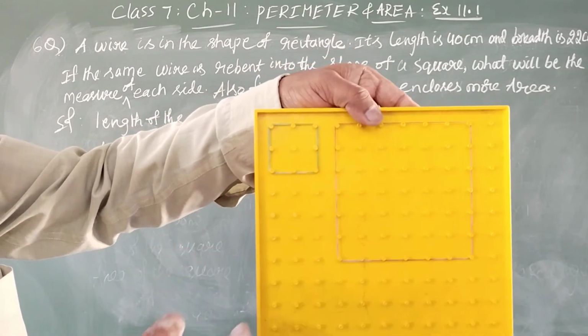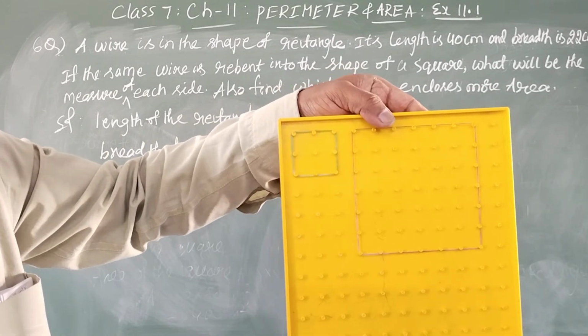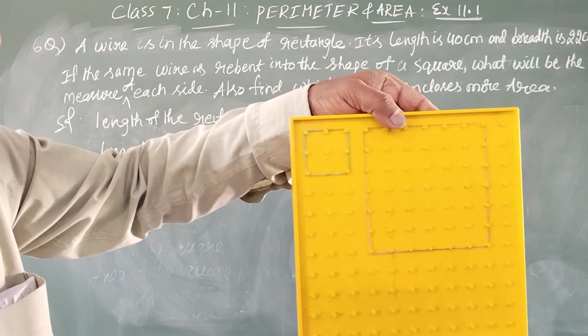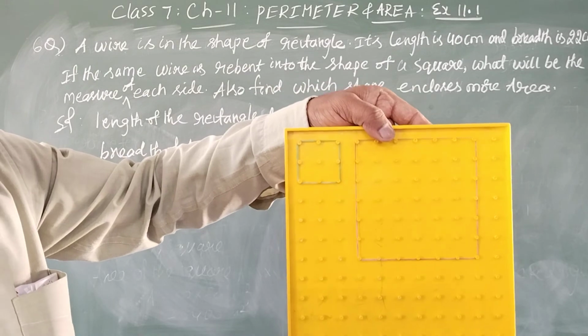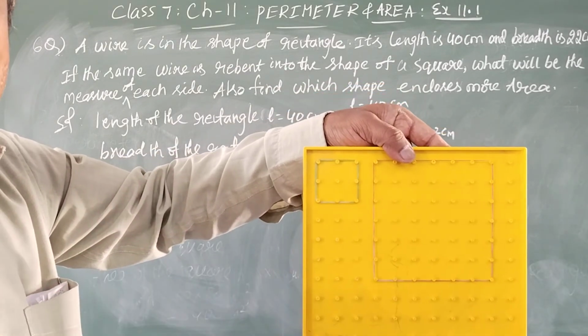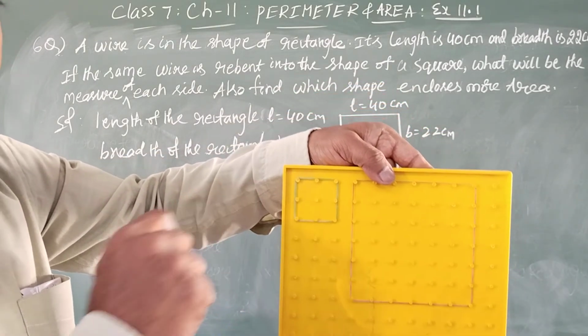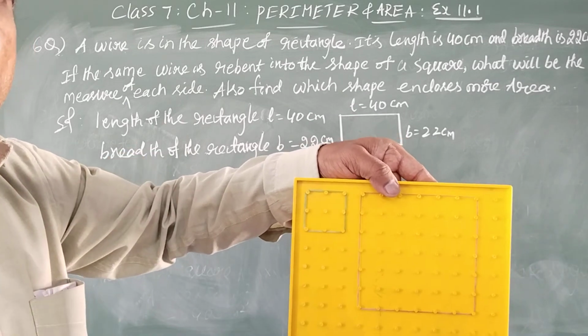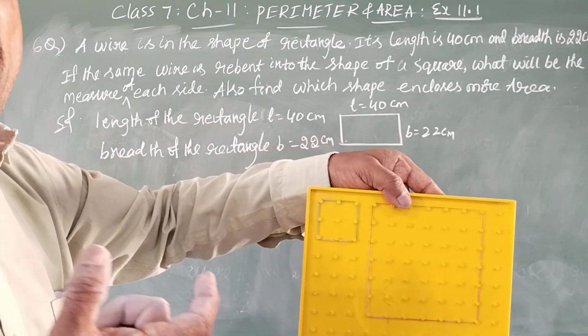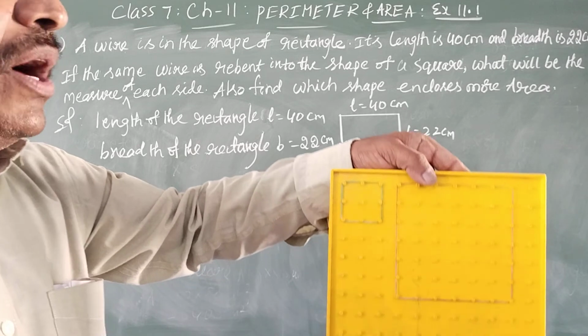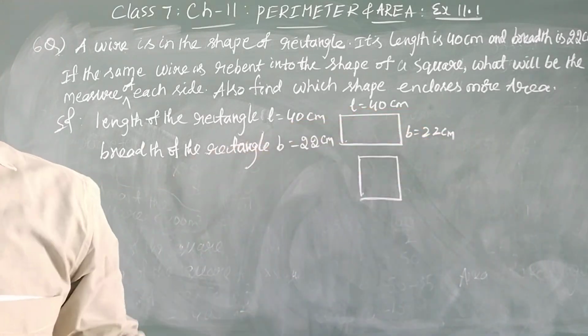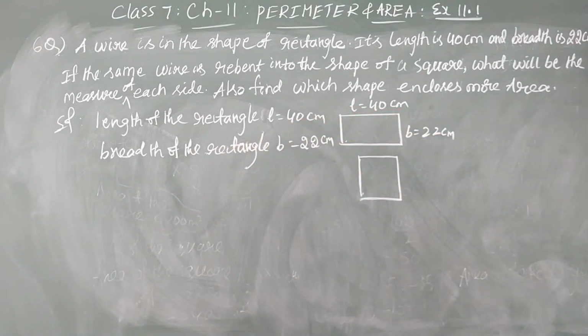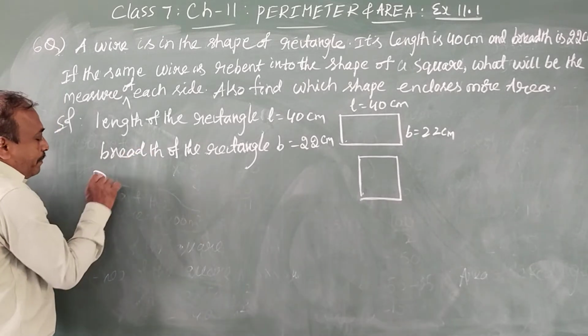So what changes are you observing? Only the shape is changed, but not the length of the wire, right? Yes. So only the shape is changed, but not the total length of the wire. That means both the perimeters are equal. So now, perimeter of rectangle.